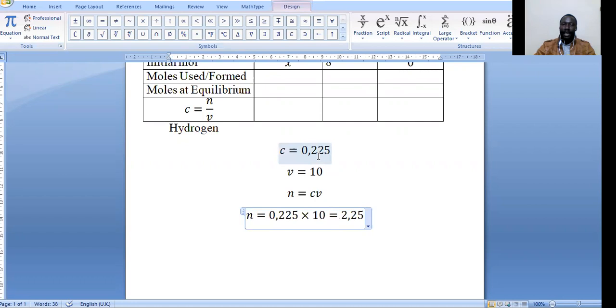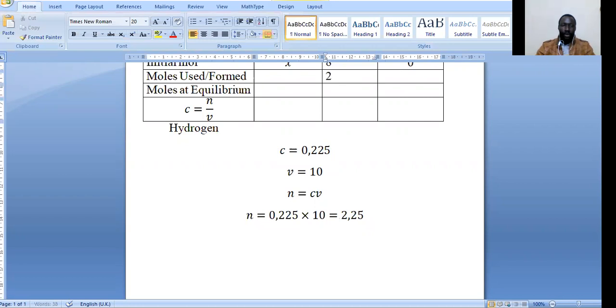Now, after getting the number of moles, we can come and put it right down here. So we put this as 2.25. That's the number of moles that we have got so far.